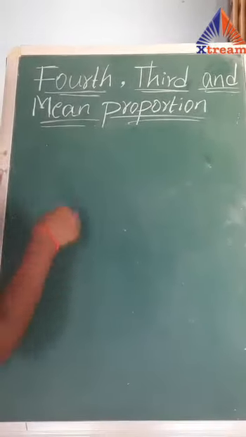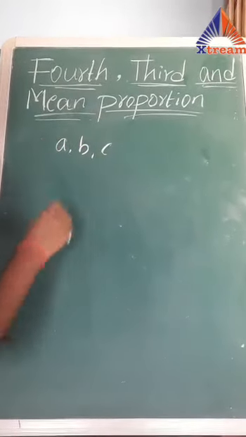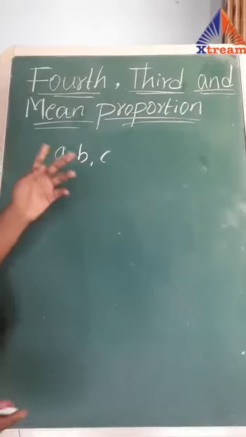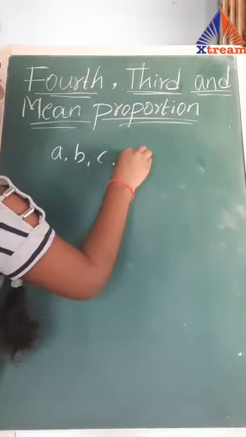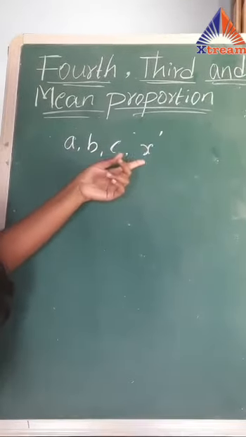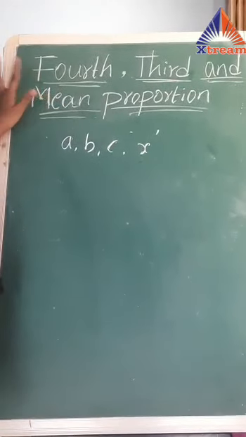In this they will give us only three values like A, B and C. As we need to find the fourth proportional and we don't know the value, we should keep the fourth value as x. This is how we form a proportion in the fourth proportional.